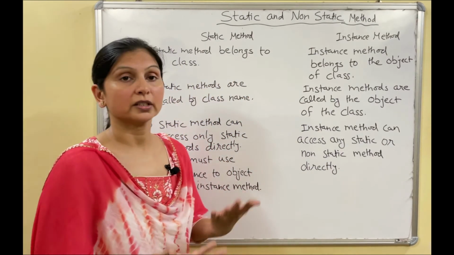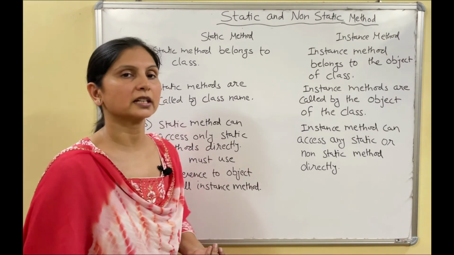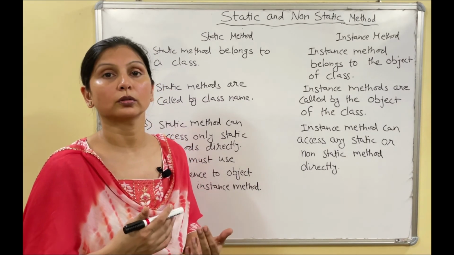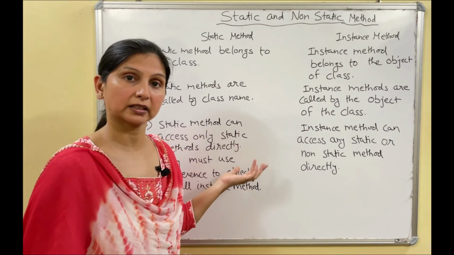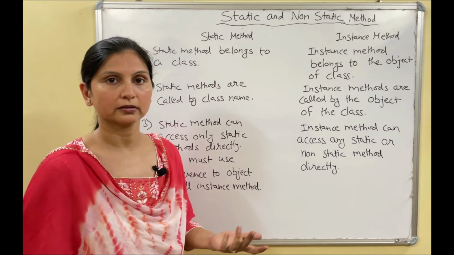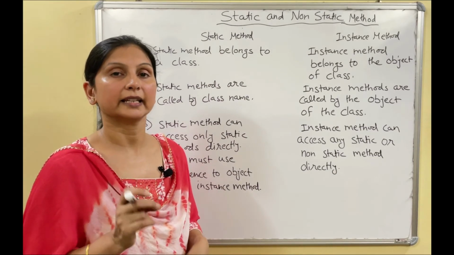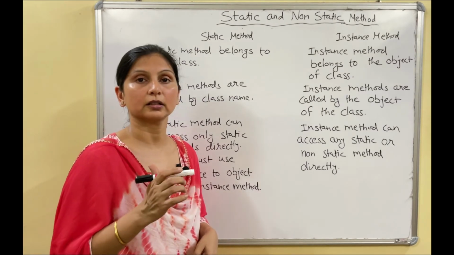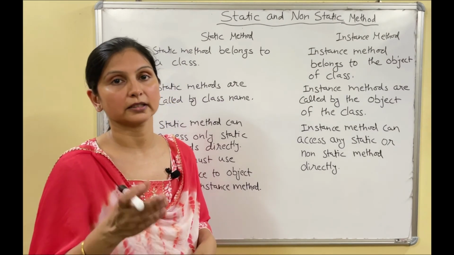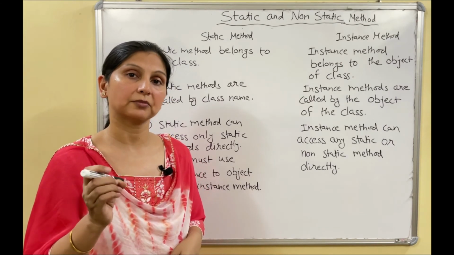If you ask which one is better, either we should use the static or instance method. See, if you see the convenience that no need to create the instance, static method can be called directly, then okay, this is good one. But main problem is that in inheritance, a term that is new for you, you have not studied till now, static methods have some limitation.